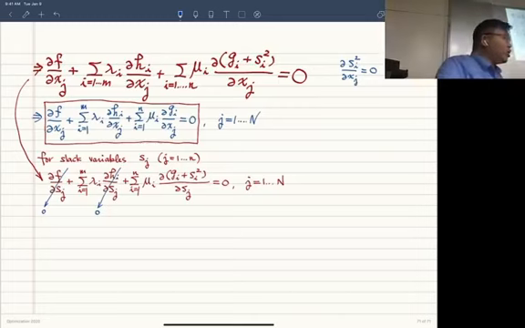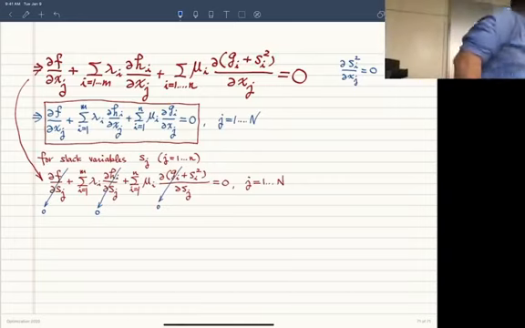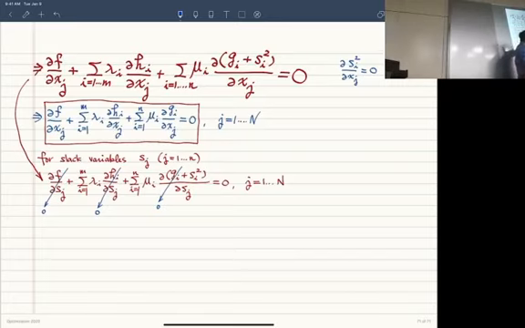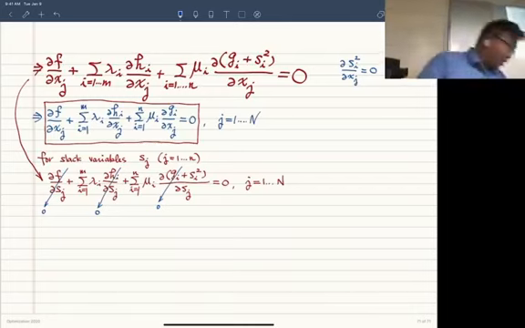How about g itself? Actually, g itself has nothing to do with your slack variables. Only the slack variable itself has something to do with your s, right?